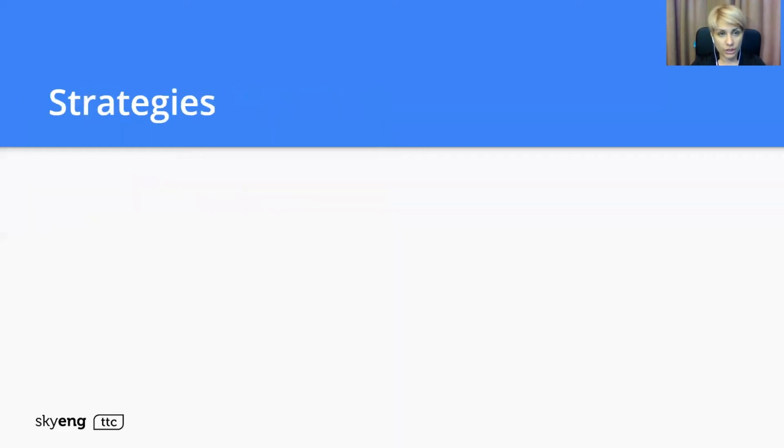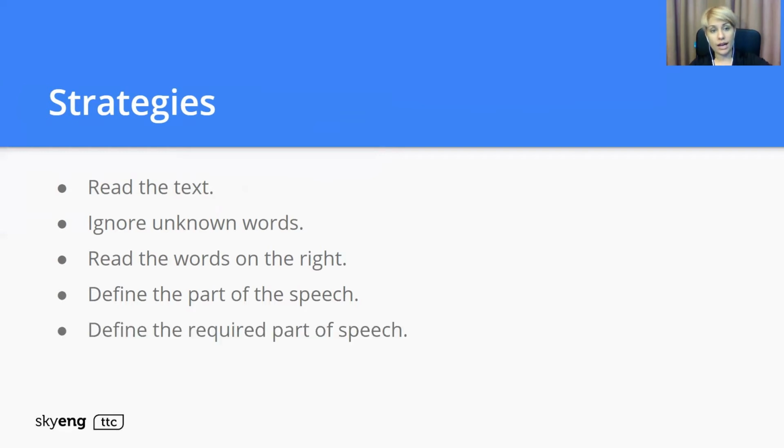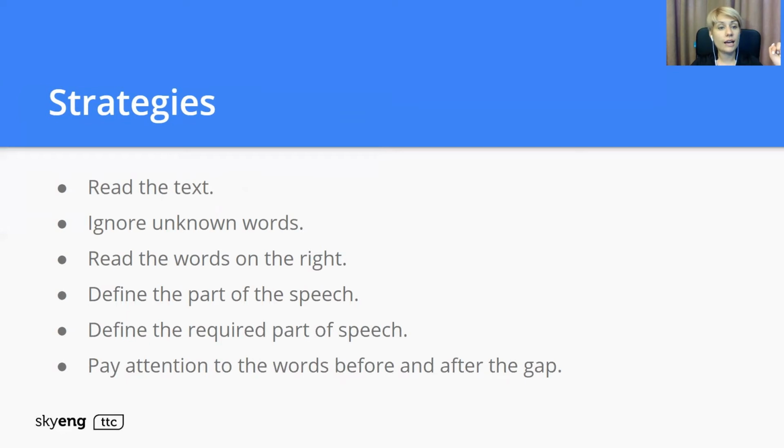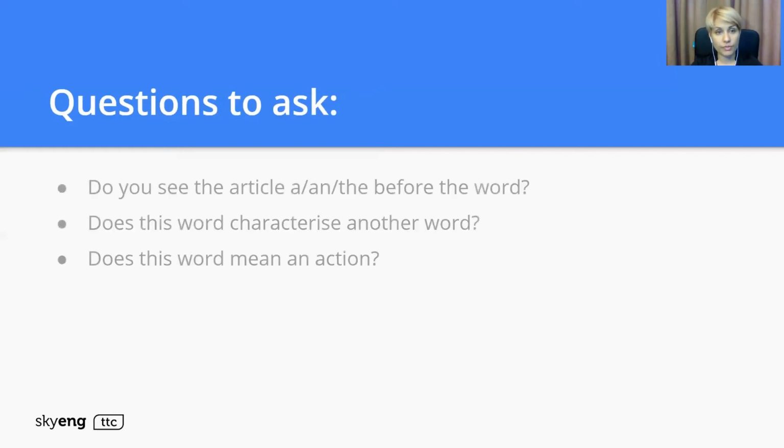What strategies can we use for this task? We read the text again, ignoring the unknown words, and then we read the words on the right. We define the part of speech, and we define the required part of speech. And we pay attention again to the words before and after the gap, because we can use some questions to help us to define the part of speech.